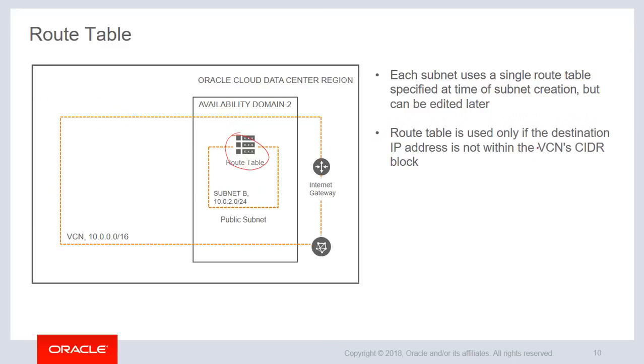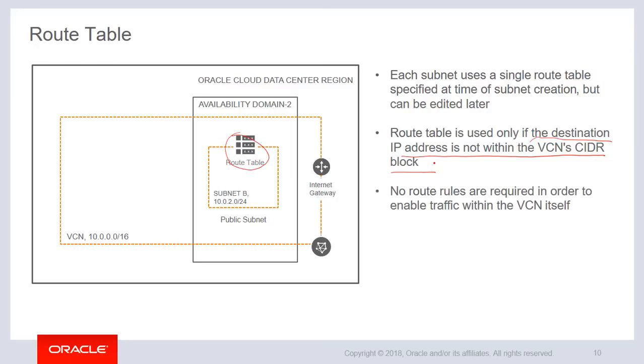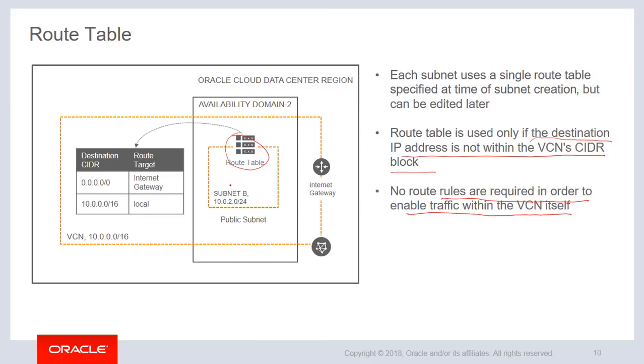Route table is used only if the destination IP address is not within the VCN CIDR block. This is an important concept to keep in mind. No route rules are required in order to enable traffic within the VCN itself. So what that means is, if you have a route table like this, there is no need for a route which says something like 10.0.0.0/16 with a route target as local, meaning within the VCN.